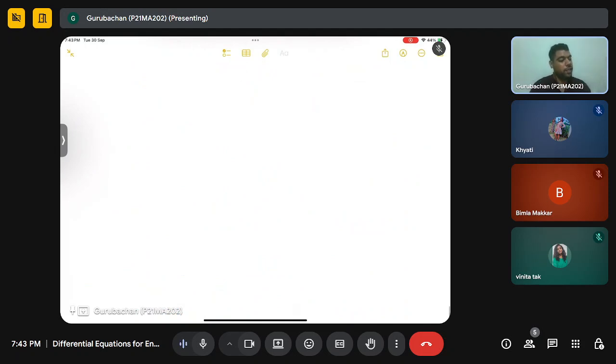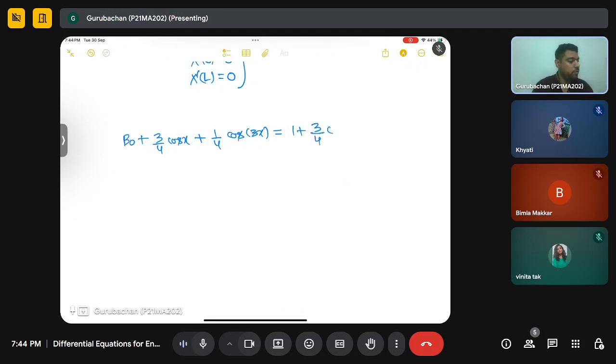So we reach the equation where p naught is p naught plus 3 by 4 cos x plus 1 by 4 cos 3x equal to 1 plus 3 by 4 cos x plus 1 by 4 cos 3x.